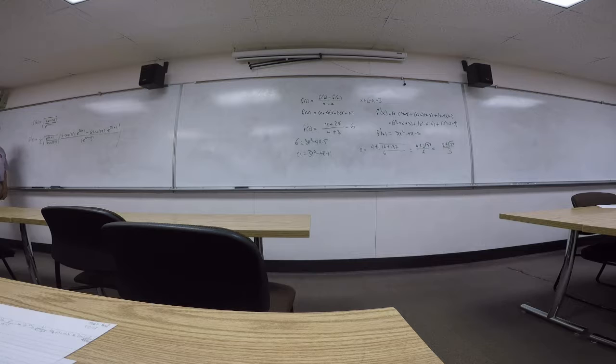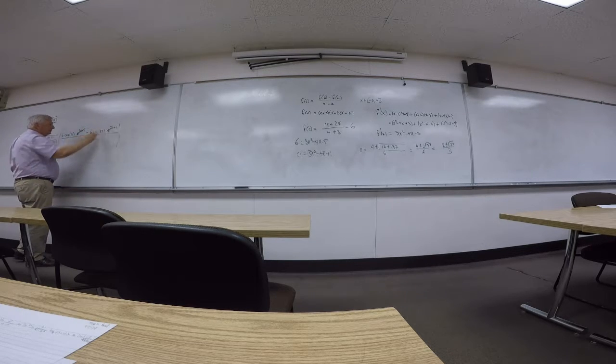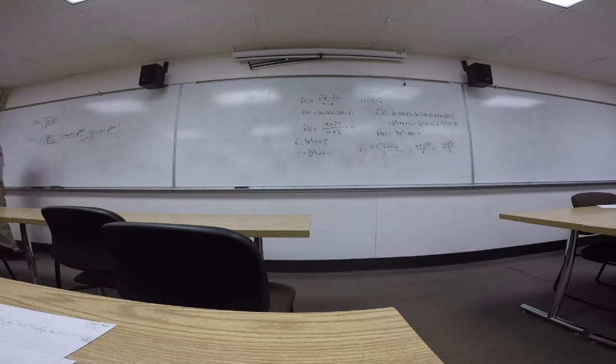Well, a bunch of this simplifies. Namely, this factor divides with those, leaving e to the 2t plus 1. This factor of 6 times 1/2 is 3.